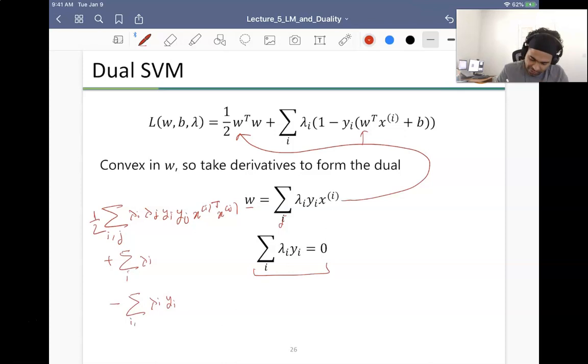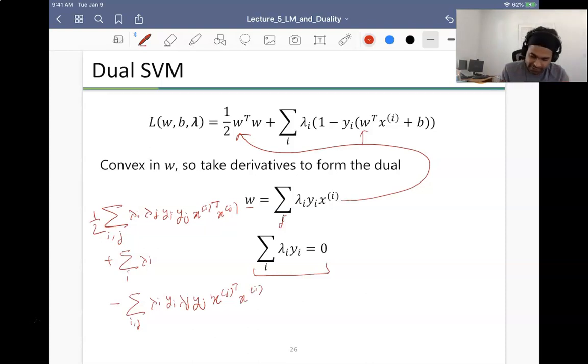This term will also turn out to be a joint sum over ij of lambda_i y_i multiplied by lambda_j y_j, and then x_j transpose x_i. But x_j transpose x_i is the same as x_i transpose x_j.